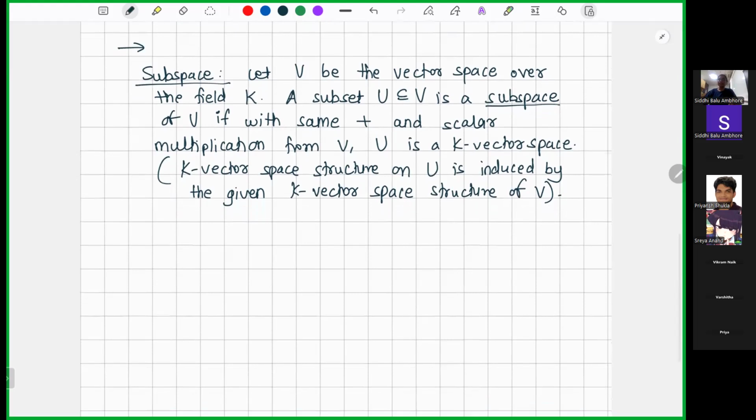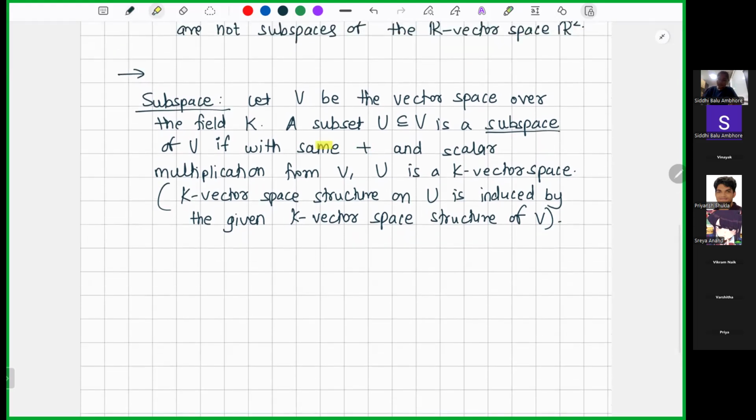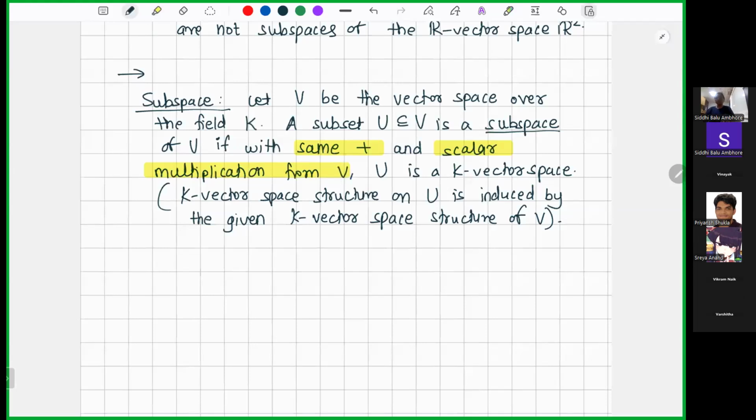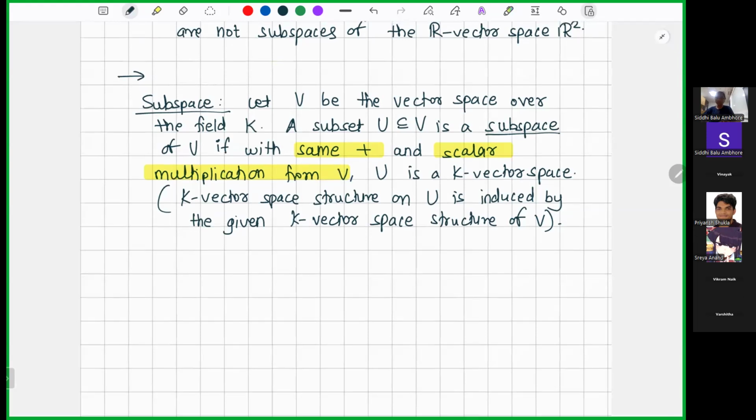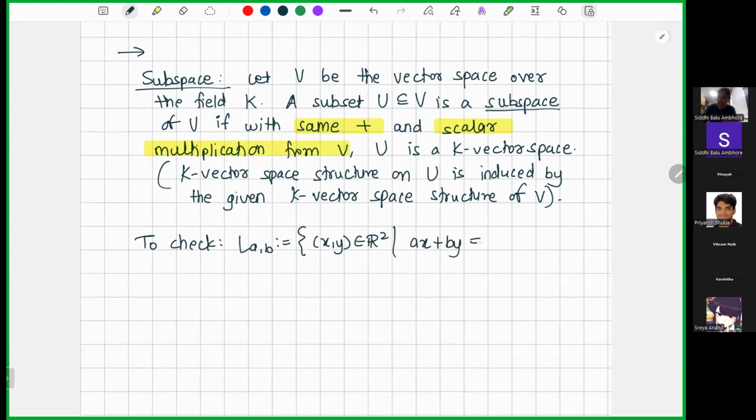The K vector space structure on U is induced by the given K vector space structure of V. It means the addition and scalar multiplication behave exactly the same as they behave in V. This is really important: with the same addition and scalar multiplication from V, only then can we say that it is a subspace of the given vector space V. So now we have to check that this set L_AB is a vector space.